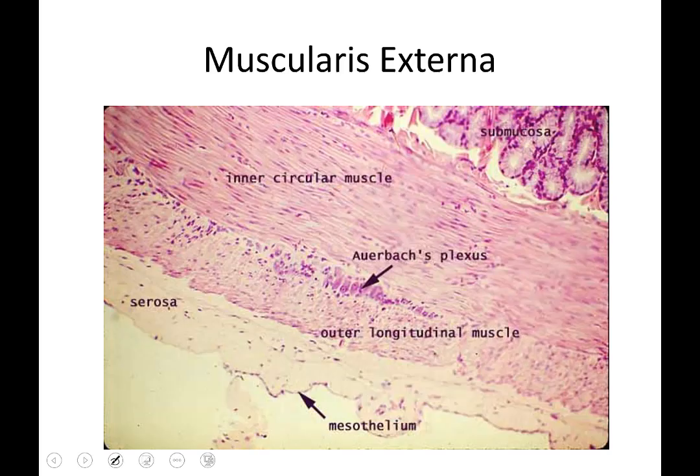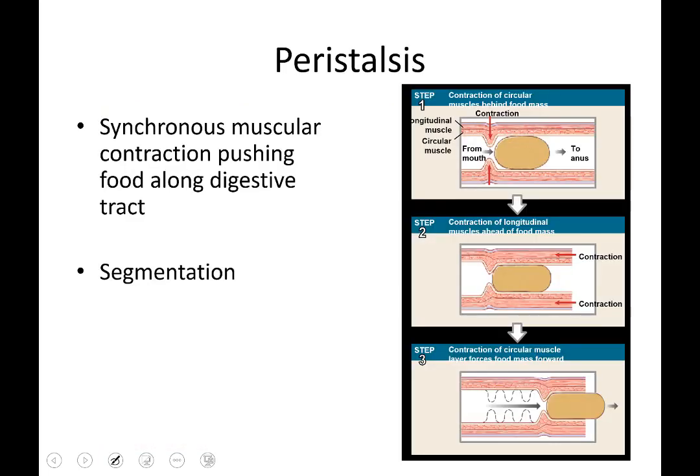Here's a nice image showing you perfectly, like the log truck style. We can see the circular muscle that goes side to side. It's going to constrict down when it contracts. And then we have the longitudinal, which is coming out of the screen at you. So that's going to do the scrunch with the food in as far as the tube goes.